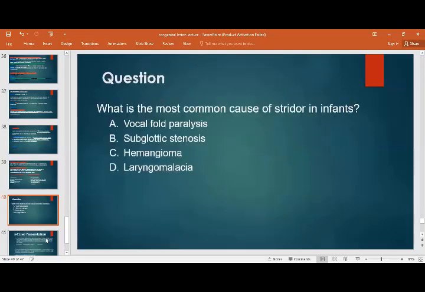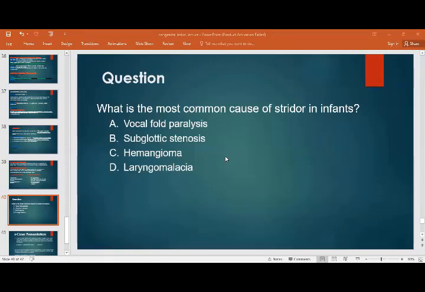If you are able to answer them, then it would be good that you have listened to the lecture. So the first question, and you can answer it in your chat: what is the most common cause of stridor in infants? Is it vocal cord paralysis, subglottic stenosis, hemangioma, or laryngomalacia?